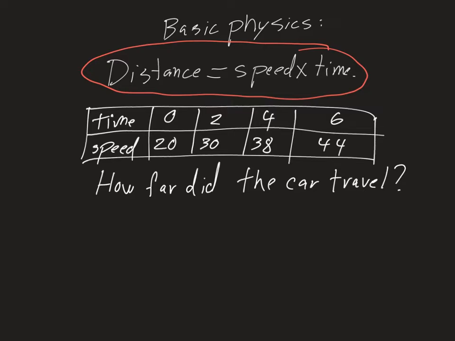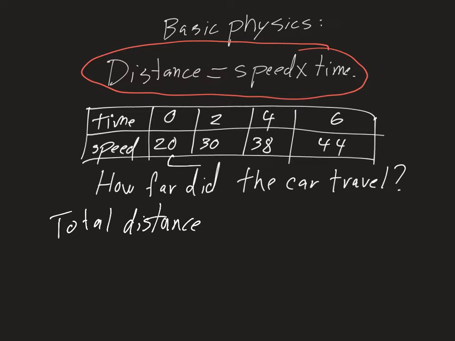Well, the main idea that we're going to use in combination with this formula is we can break down the total distance, which is what we are looking for, into parts, each of which we can approximate using our basic physics formula.